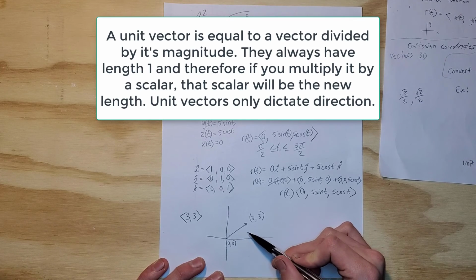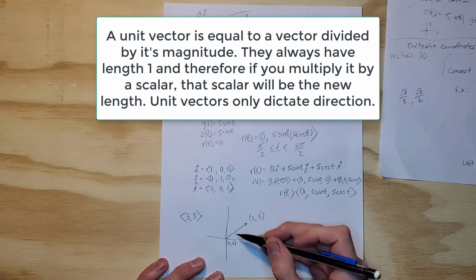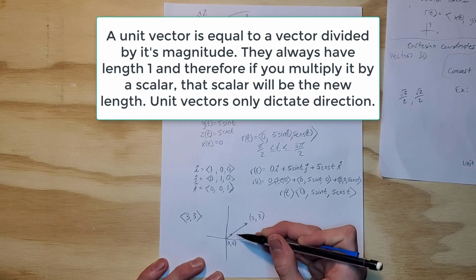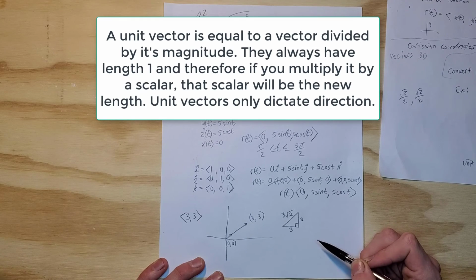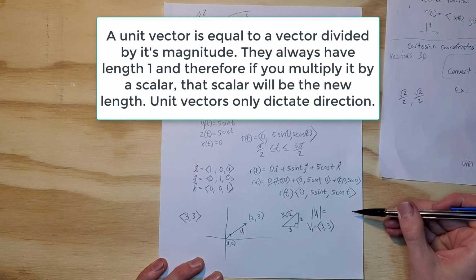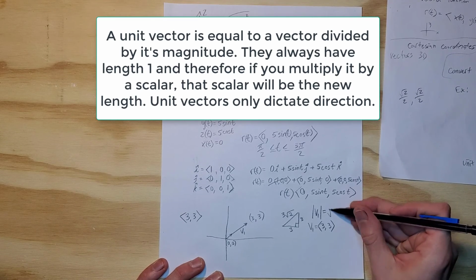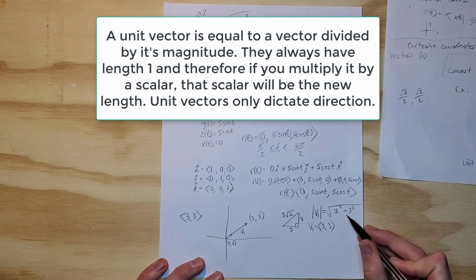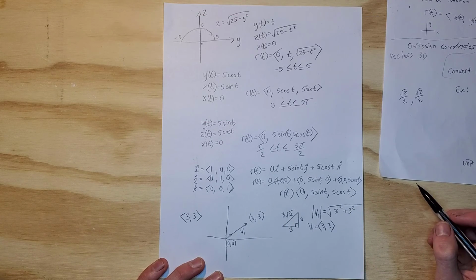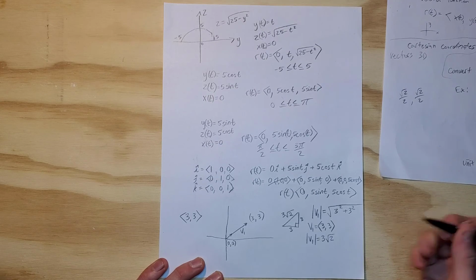If you divide this vector by its magnitude, it only represents the direction with length 1. This is a familiar case with a 45, 45, 90 triangle. The magnitude of vector v1 is equal to the square root of 3 squared plus 3 squared, which in this case is 3 square roots of 2.